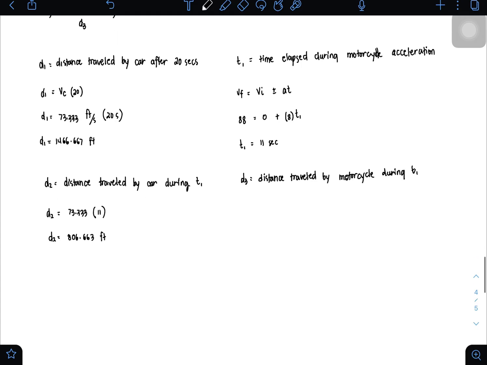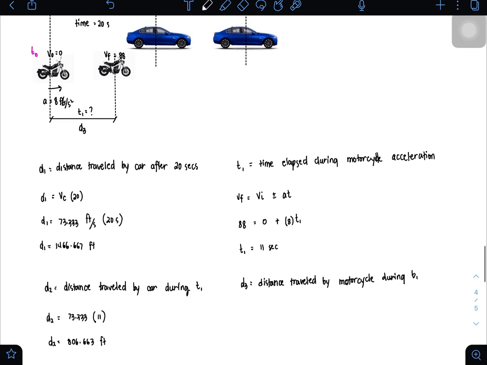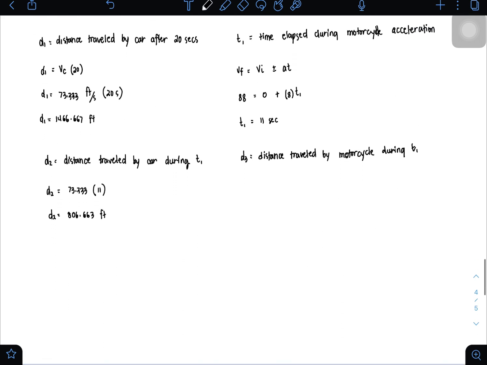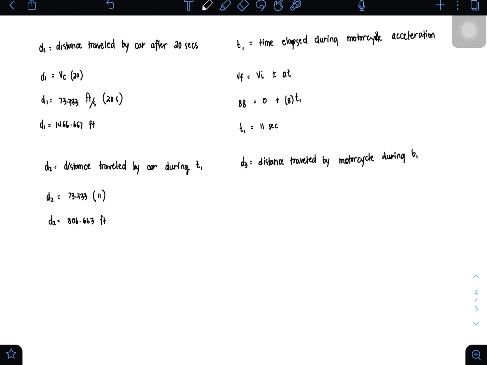So how much is its distance? It's going to be final velocity squared equals initial velocity squared, plus or minus twice the acceleration times the distance s.